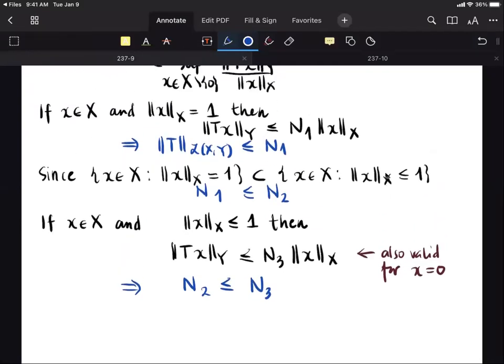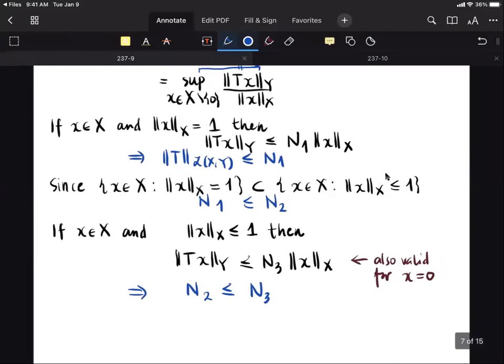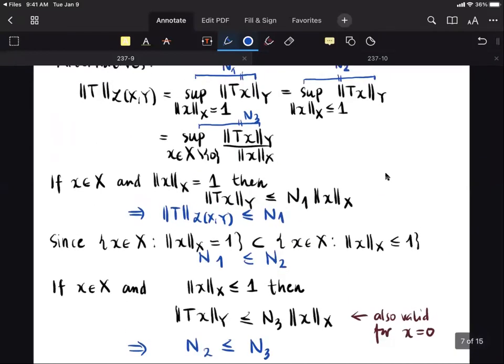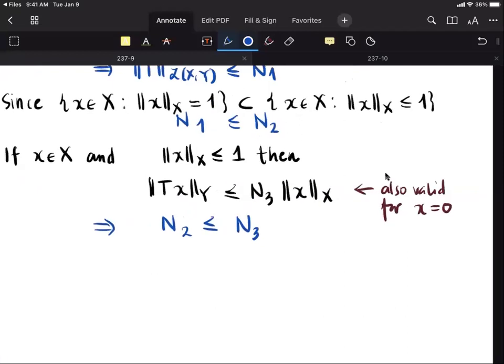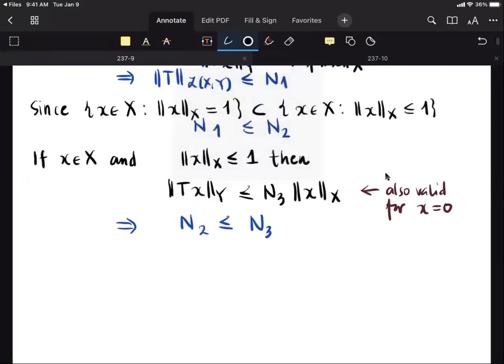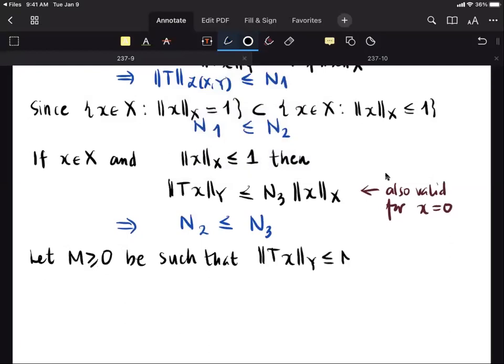Now our next goal, in order to show that these quantities are all equal, we only need to show that N3 is less than or equal to the norm of T. Okay, so for this matter, let us take a non-negative M such that M is an upper bound for T. In other words, this inequality is satisfied.